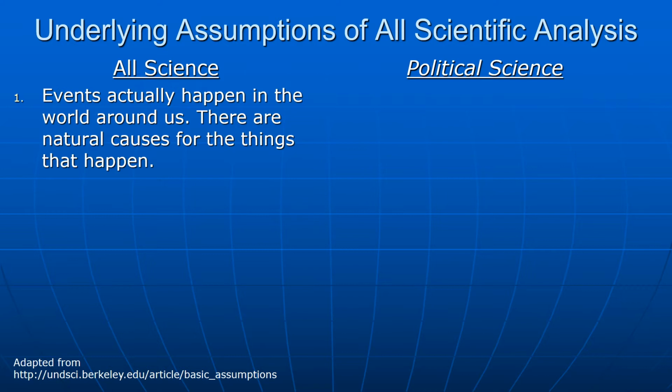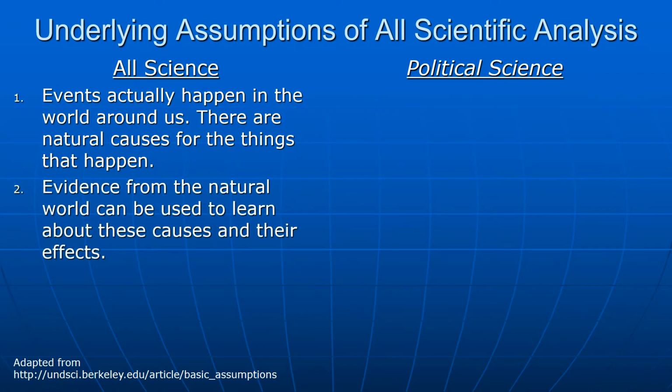The whole scientific endeavor is premised on the underlying assumption that events do happen in the natural world and that there are things that cause things to happen. That's a fundamental assumption. A second underlying assumption is that we can look at the natural world and gather information about effects and causes.